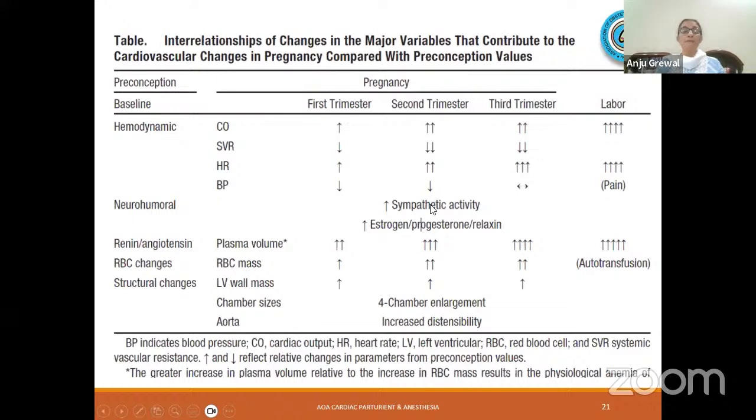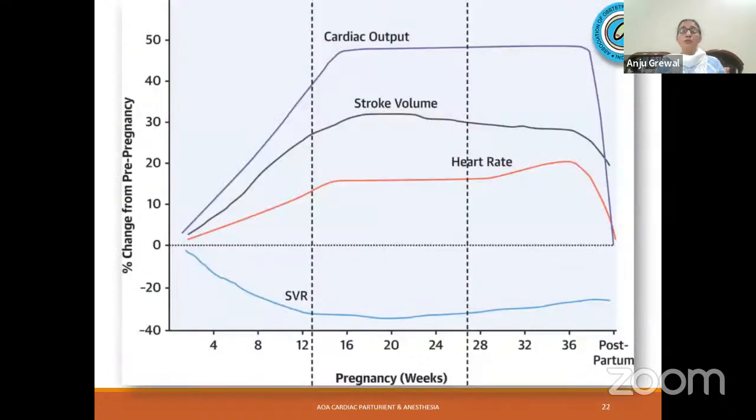It keeps decreasing to accommodate the forward flow of this increased hypervolemic state of the mother. The stroke volume increase is secondary to the eccentric hypertrophy that you see in the left myocardial wall mass. So these are the basic changes that occur during this time, and we really need to understand them so that we are able to look after these mothers appropriately.